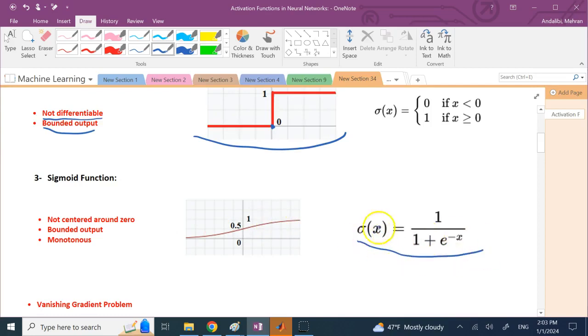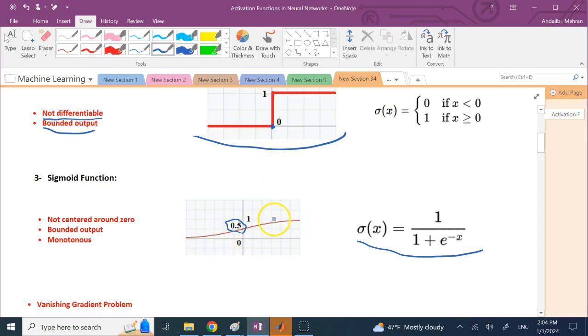It's a function like this: sigma of x equals 1 over 1 plus exponential negative x. This function goes from 0 at negative infinity to 1 at positive infinity, and at 0 it is 0.5. It's a smooth function, beautiful function. It can be used in place of the step functions in perceptrons if we want to do classification.